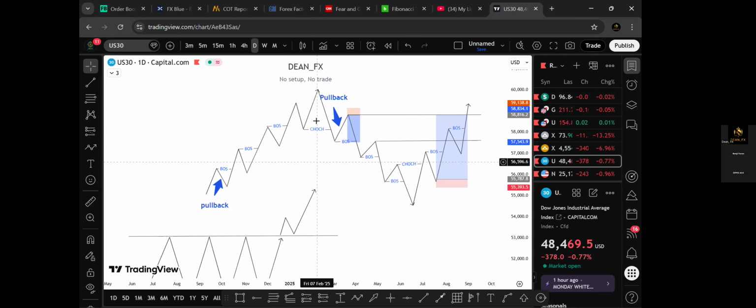Just doing it out with lines, not in the charts, understanding why I did this, and how did I know this is a change of character? How did I know this is a break of structure? Once you understand this, you try going back to the charts, identifying the break of structures, the change of characters, the higher highs, higher lows, lower highs, lower lows.